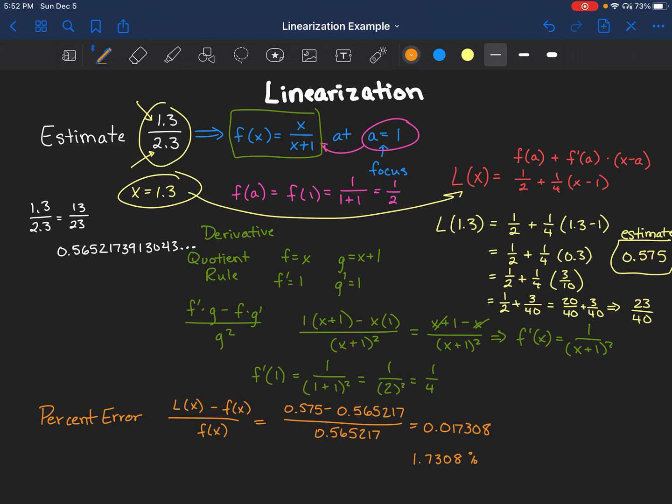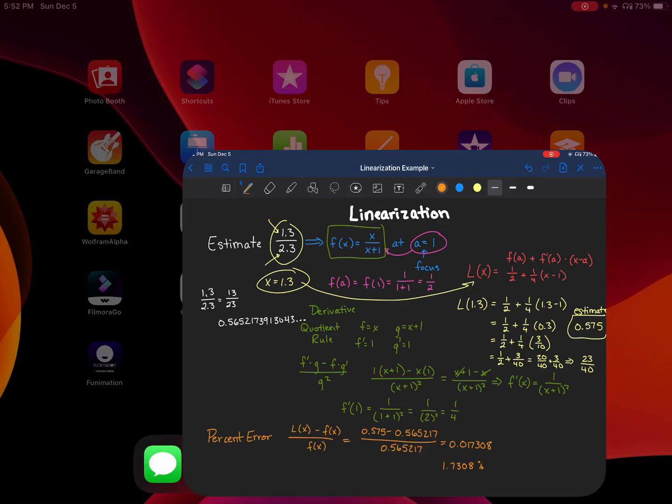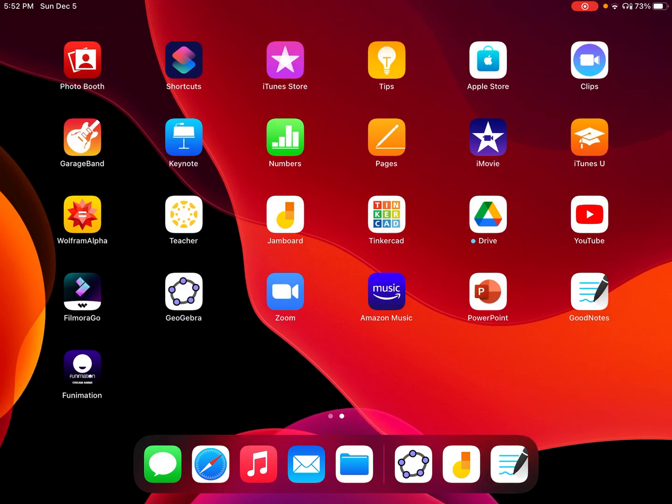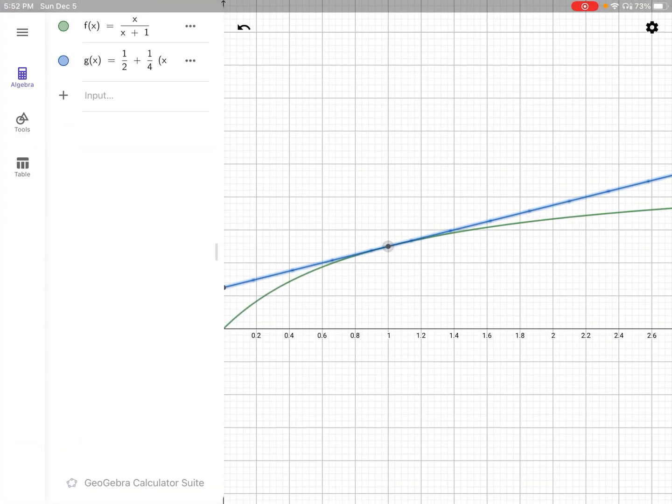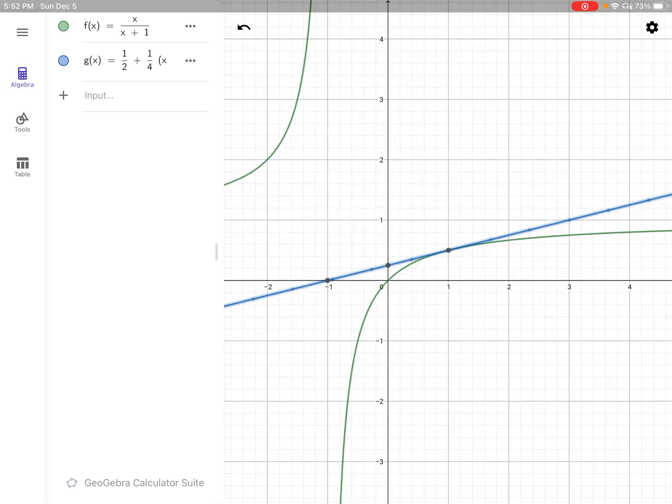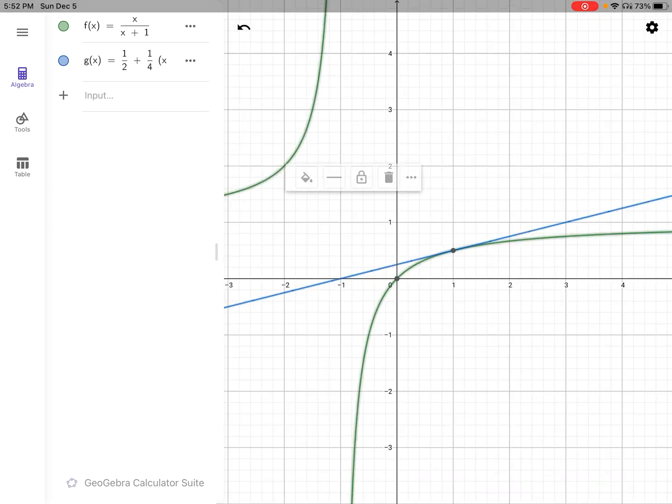The other thing I wanted to mention, and I'm going to show you in a second, is just the idea of how good an error is going to be, or how good an estimate is going to be. And so what I want to do is flip over and look at the graph. So what I did was I already graphed this green rational function you see here. That is x over x plus 1.